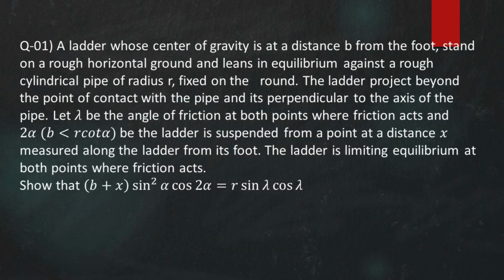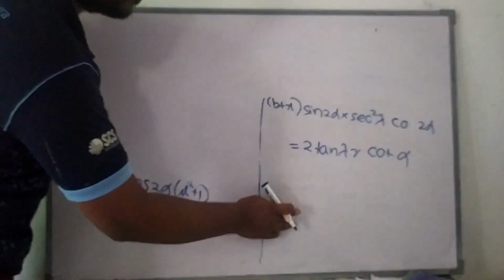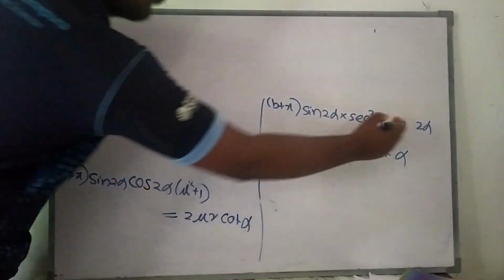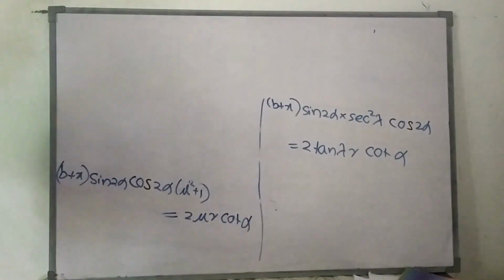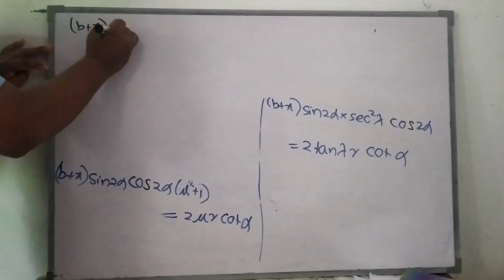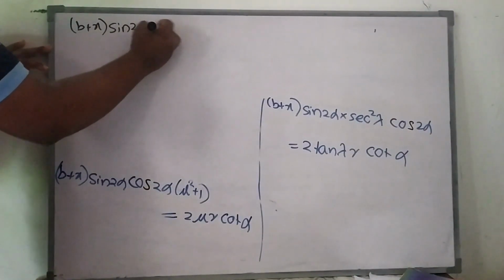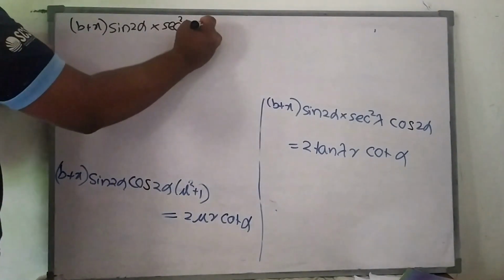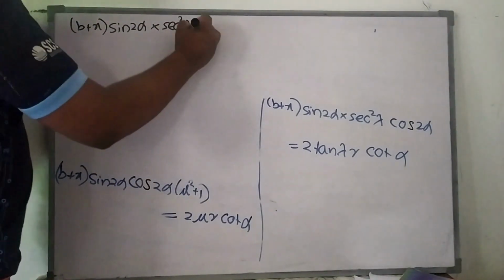So this is cos 2 alpha. B plus x sine 2 alpha sec squared lambda cos 2 alpha.